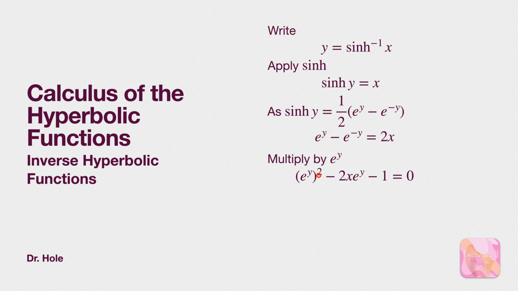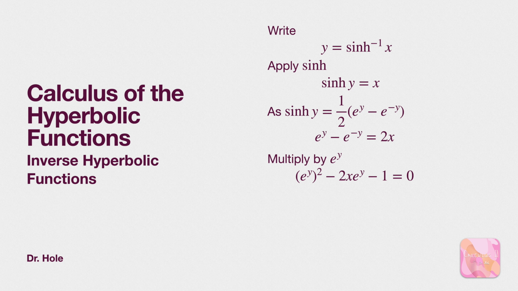And if you think back to algebra, we have parentheses around this term, we have 2x times that term, and then we have a constant. Notice that this is quadratic in e to the y. Aha! So now that means that we can use the quadratic formula. Basic algebra.